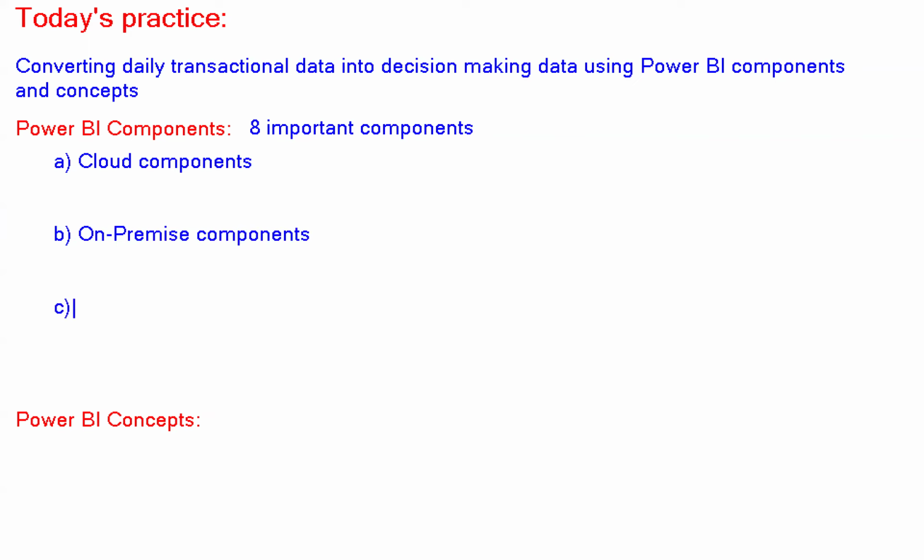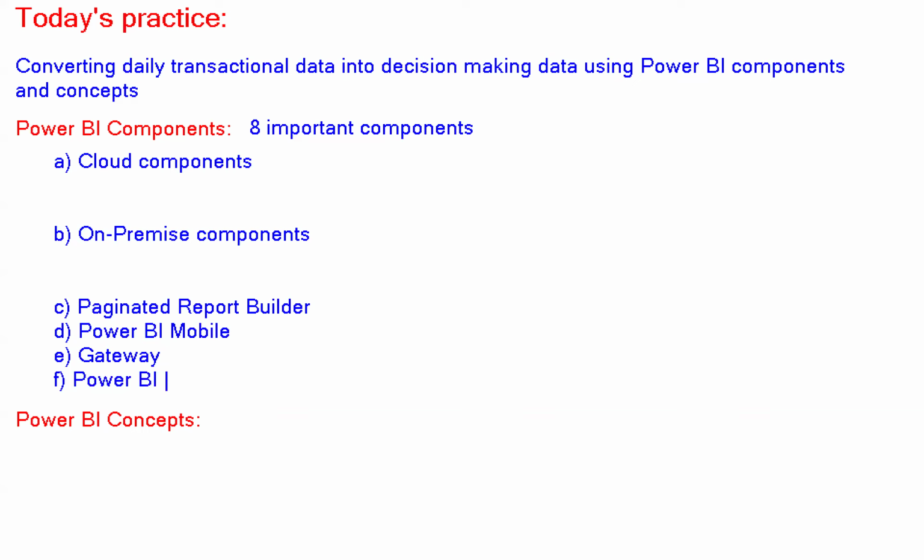C, page-rated report building. D, Power BI mobile. E, gateway. F, Power BI developer. So these are the components.